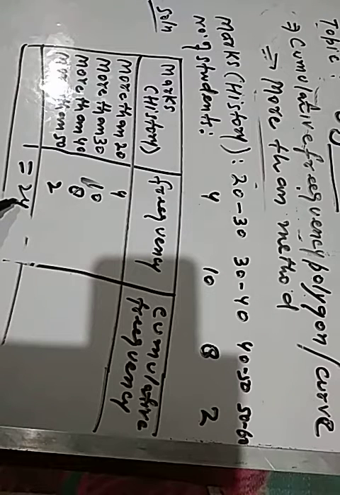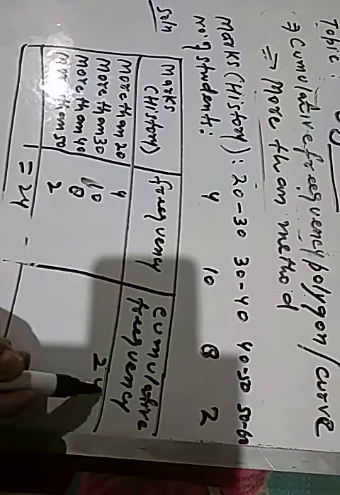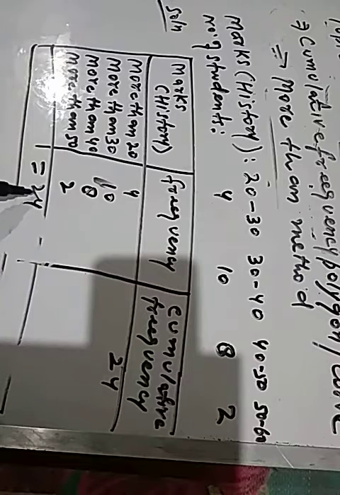The first, against the first class, which shows the marks more than 20, we write the sum total of frequency, the sum total of the simple frequencies, which here is 24. Here we have to write the same value, that is 24.